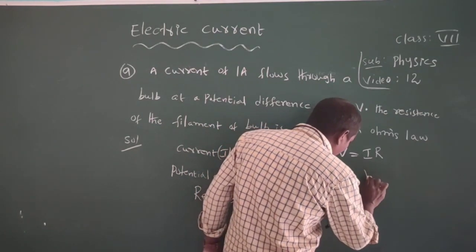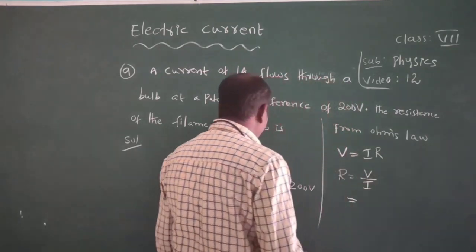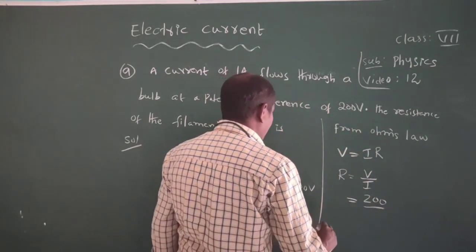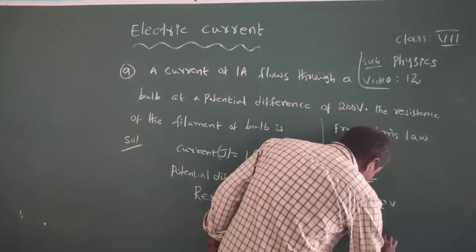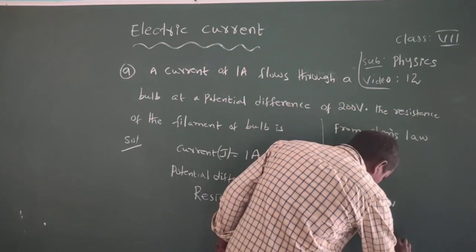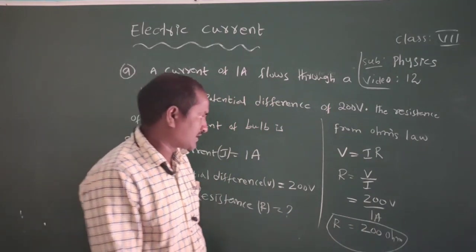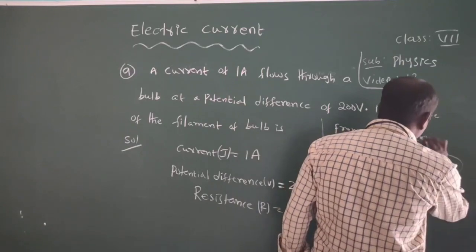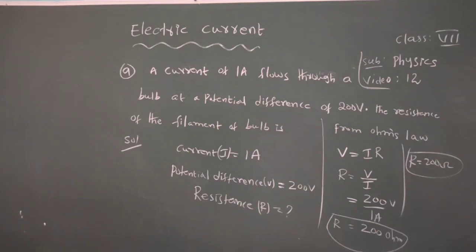Therefore, R equal to V by I. V equal to 200 volt by 1 ampere, that equals 200 ohm. It is the answer. We can write simply: R equal to 200 ohms.